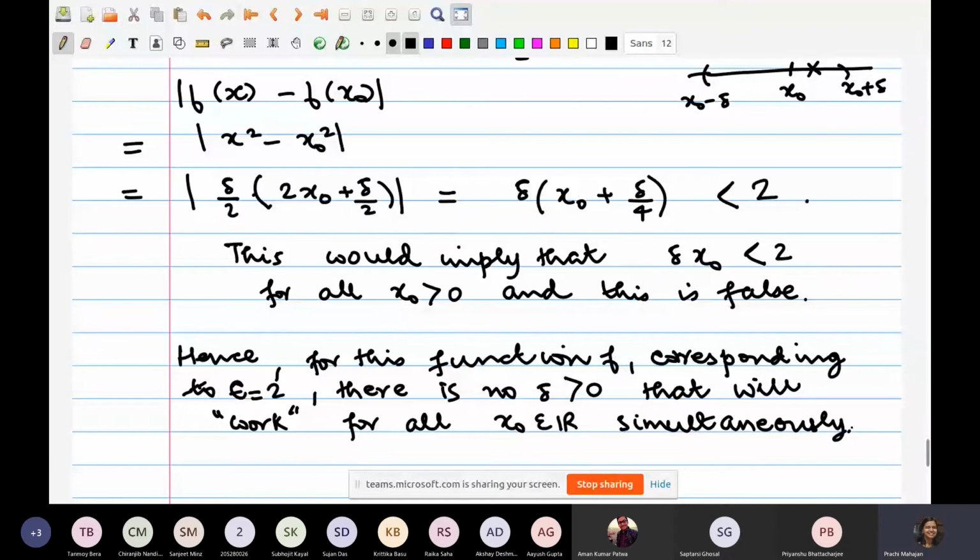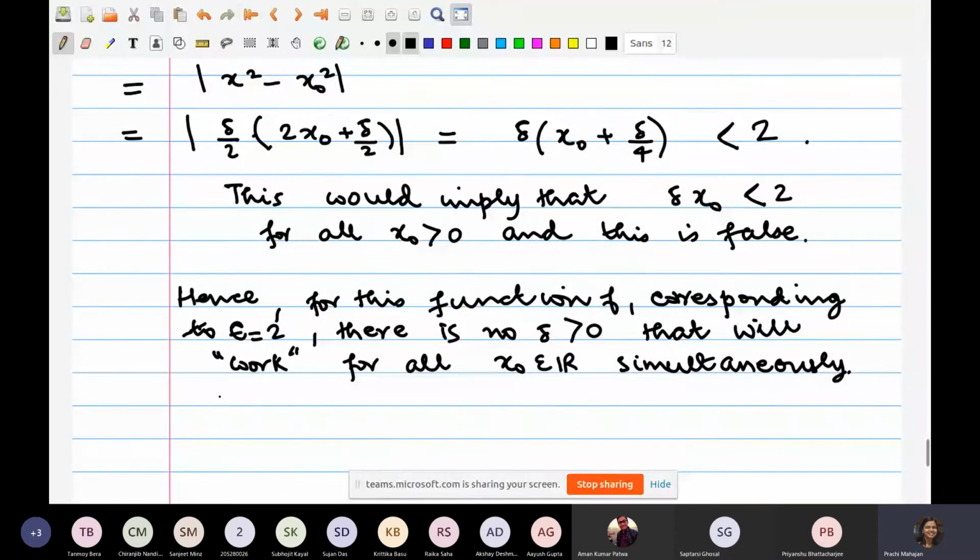Nevertheless, the function f is continuous at each point x naught of the real line.